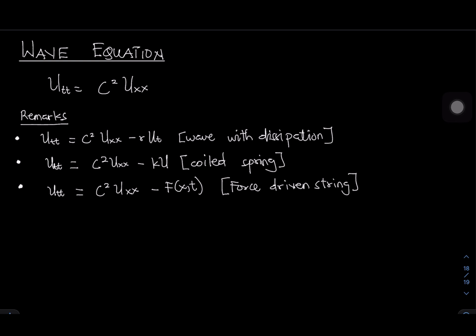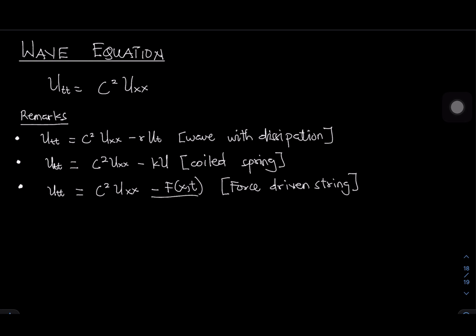And just a few remarks. We have the wave equation with dissipation, that's the first one, so that's this dissipative term. And the coil spring, the Ku, is actually the restoring force when you try to stretch the string, and also compress the string.